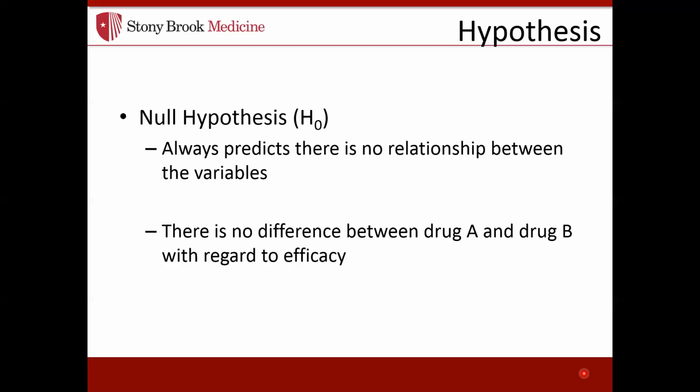Every study has a null hypothesis and then an alternative hypothesis. A null hypothesis is a hypothesis that says there is no statistical significance between the two variables in the hypothesis. It is the hypothesis that the researcher is trying to disprove.